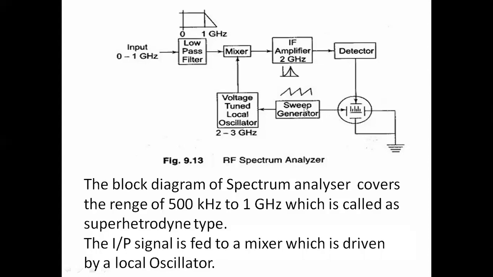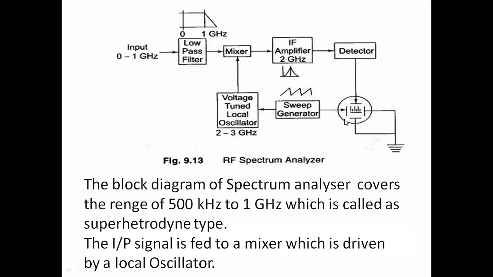Whereas the voltage generated from the sweep generator is applied to the horizontal deflection plates of the CRO. By applying the sweep generator to the horizontal deflection plates, it acts as the frequency x-axis.